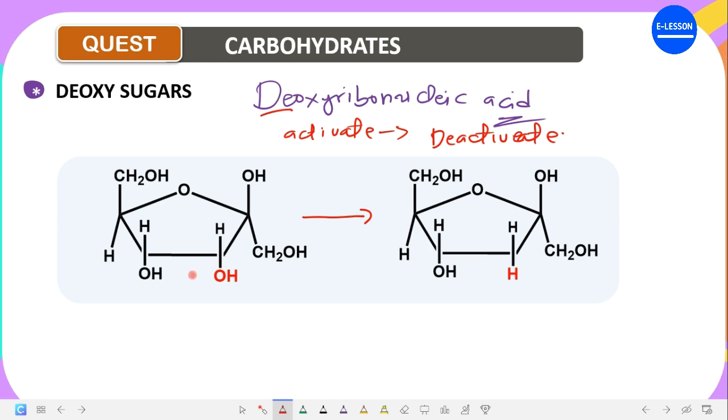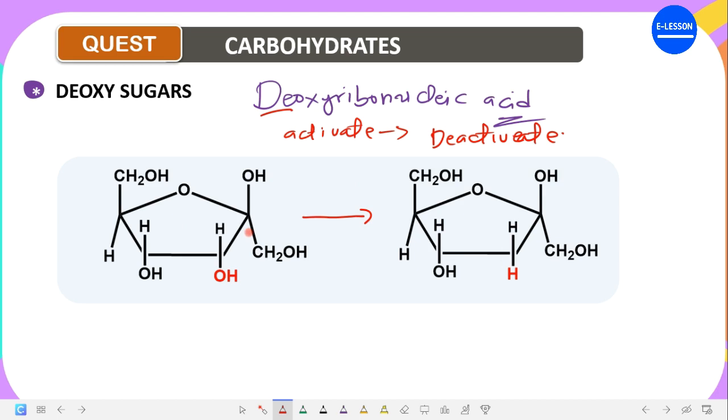For instance, what structure do you think this is? 1, 2, 3, 4, 5, 6. This is fructose, right? Now you can have the structure of ribose, and when you remove the oxygen, it becomes deoxyribose. But this one is the structure of fructose.